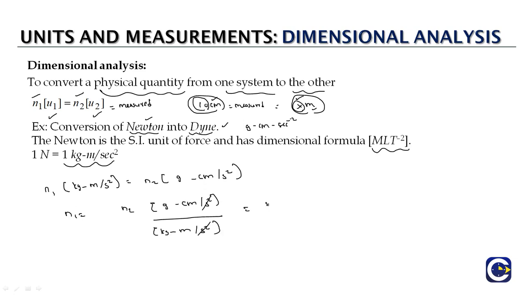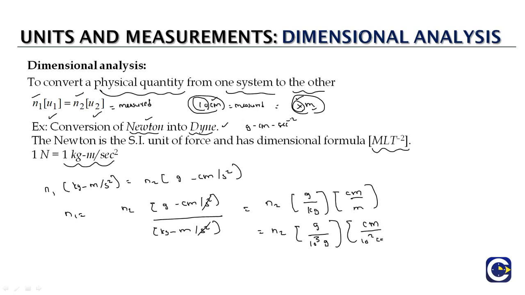So what we will be having is N2 into gram by kg into centimeter by meter. 1 kilogram is 10 power 3 grams, and 1 meter is 10 power 2 centimeters. So gram will be cancelled, centimeter will be cancelled. What we have is N2 by 10 power 5.